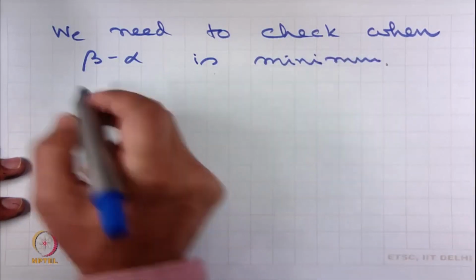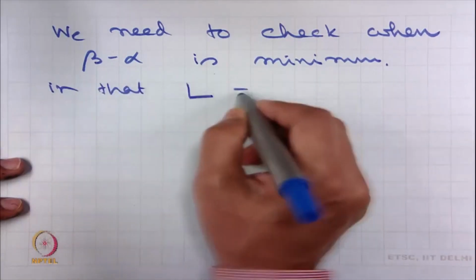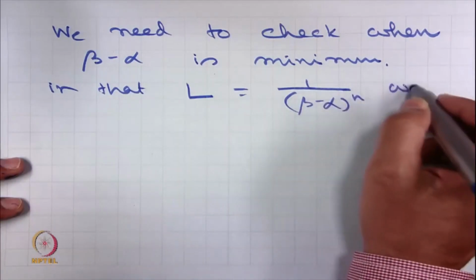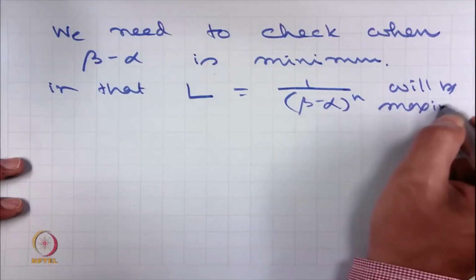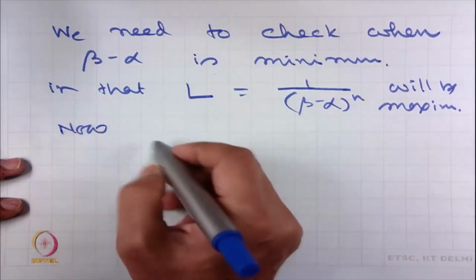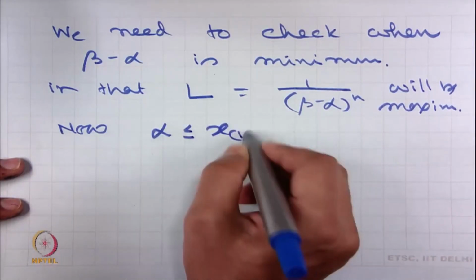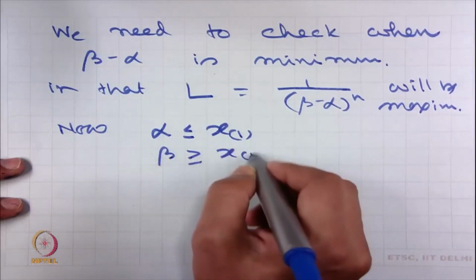In that case, L is equal to 1 upon beta minus alpha whole to the power n will be maximum. Now, alpha has to be less than or equal to x 1 and beta has to be greater than or equal to x n.